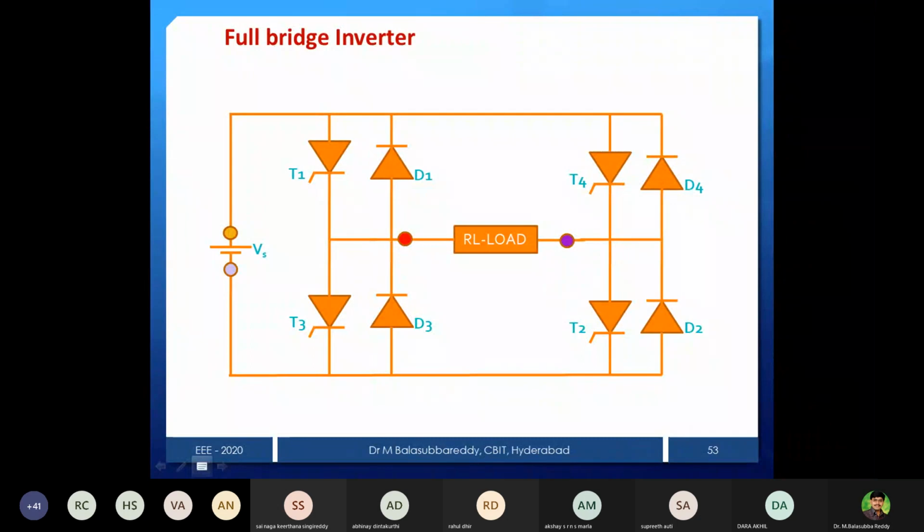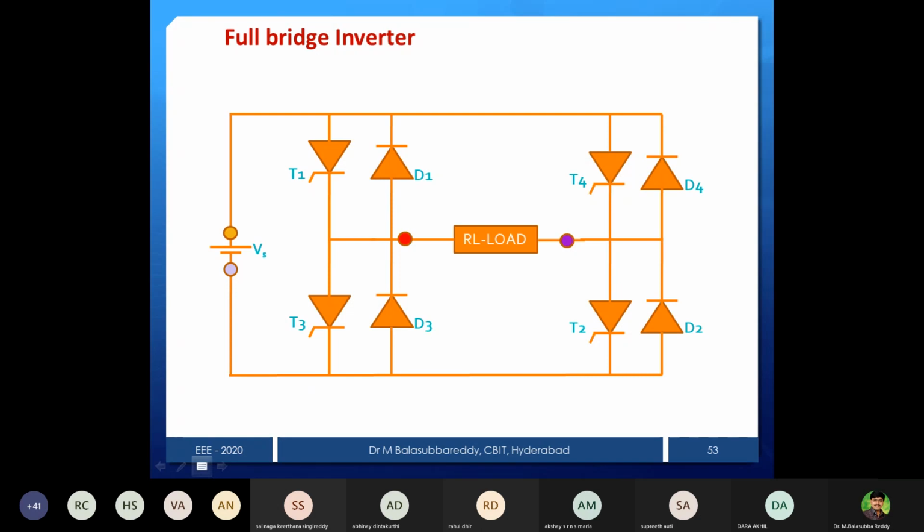Another drawback: we are getting output of only Vs by 2, which is half of the input. Input is total Vs, no? Vs by 2 plus Vs by 2, total Vs is there. But the output you are getting is only Vs by 2. These are the two reasons we are not using the half bridge inverter.